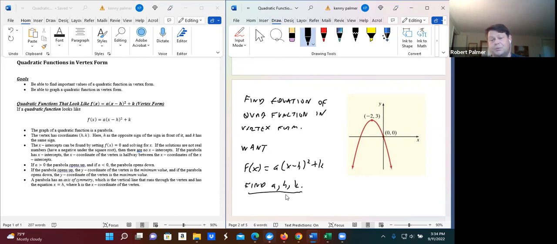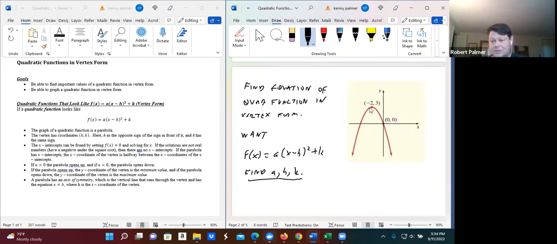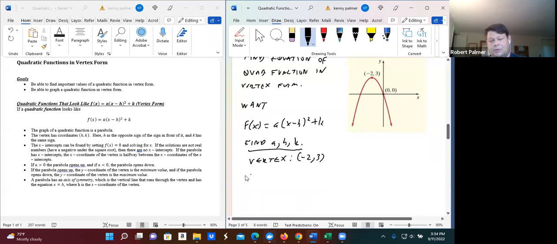Now, the good news is we can find all those from what we're given. So first off, we see that our vertex is right here. And that's given to us, which is (-2, 3), okay? So if we plug those in, what we have so far is f(x) is equal to a times (x ... remember here we said that going from the vertex to here, it has opposite sign.